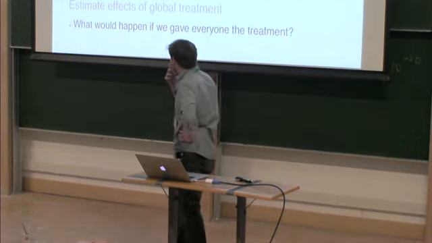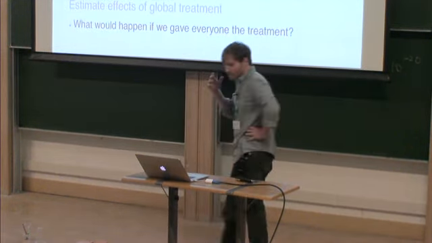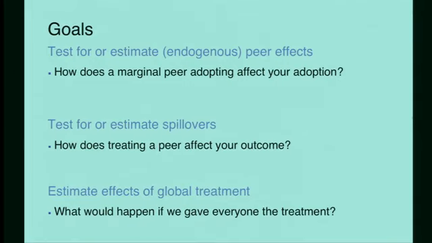When we think about what our goals could be in a lot of this work, there are a few different possible goals. We could be testing for or estimating endogenous peer effects, answering questions like how does a marginal peer in my network affect somebody's adoption, somebody's outcome. We could be interested in testing for or estimating spillovers, sometimes called exogenous peer effects.